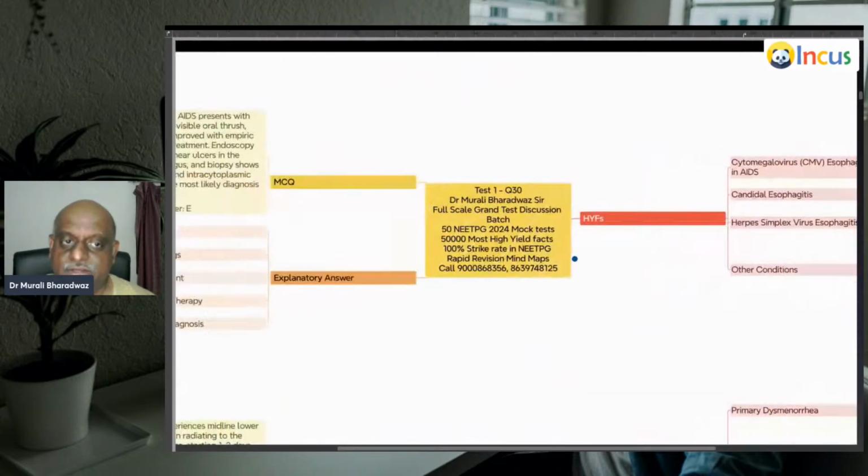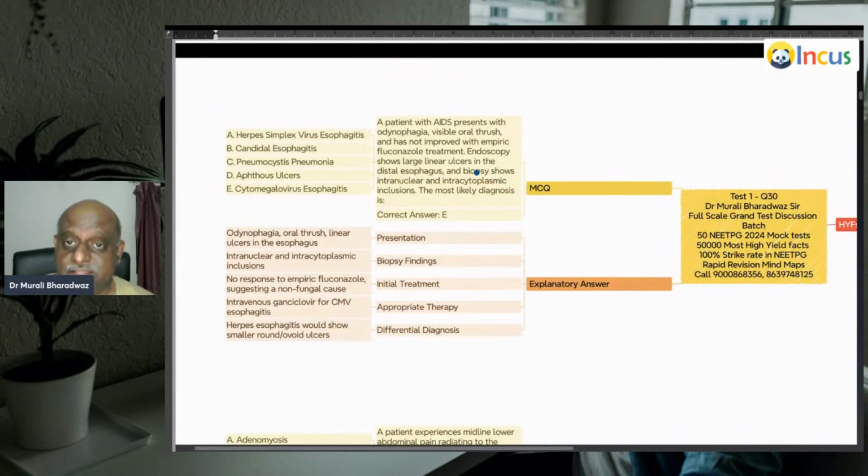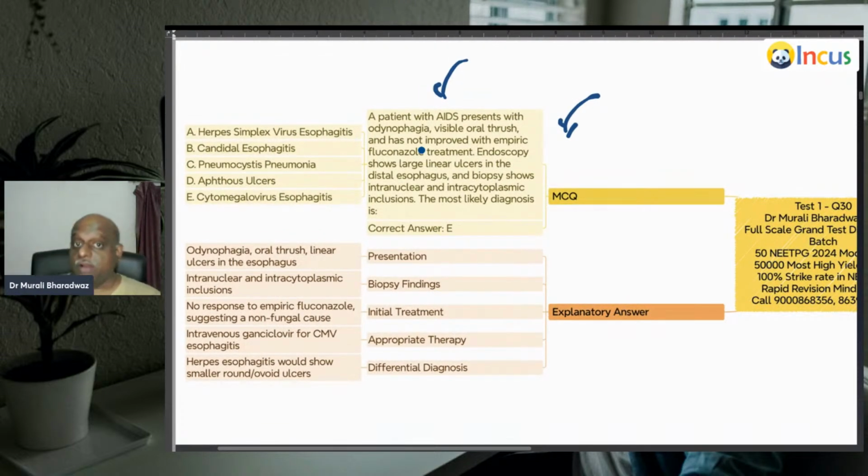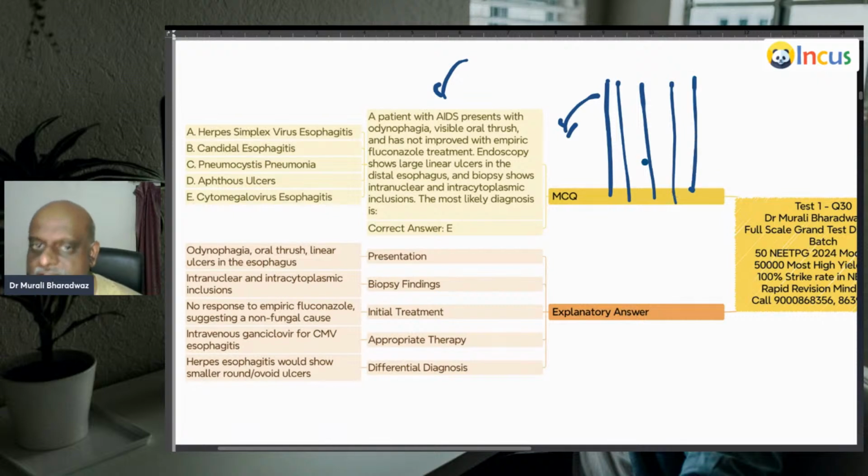Now, doctor, the next question. A patient with AIDS presents with odynophagia, visible oral thrush. He has not improved with empiric fluconazole treatment. Large linear ulcers, that itself is a clue.